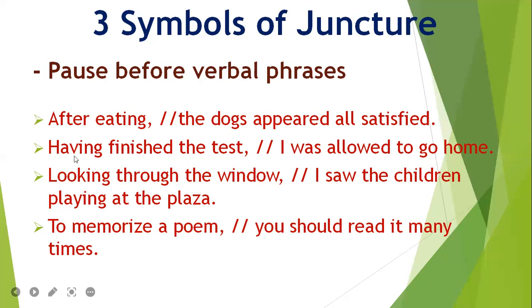And then we also have, having finished the tests, I was allowed to go home. And then we have, looking through the window, I saw the children playing at the plaza. And then, to memorize a poem, you should read it many times.